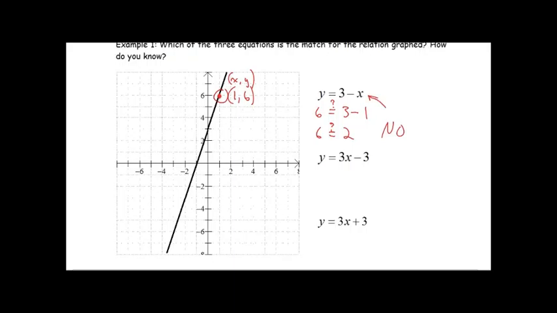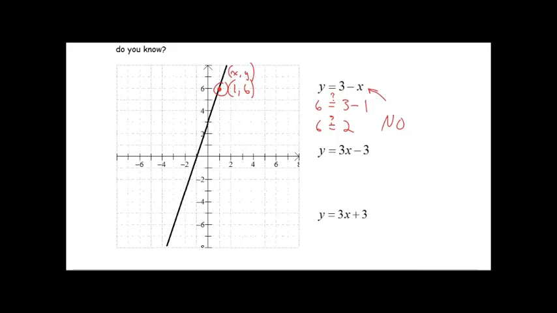Okay. So if we try that same point for the second line here, y is 6 and x is 1. So again, I'm going to put a little question mark above the equal sign. We're asking the question, hey, does the left side equal the right side? Well, this right side is now 3 times 1, which is 3, minus 3 is 0. Does 6 equal 0?